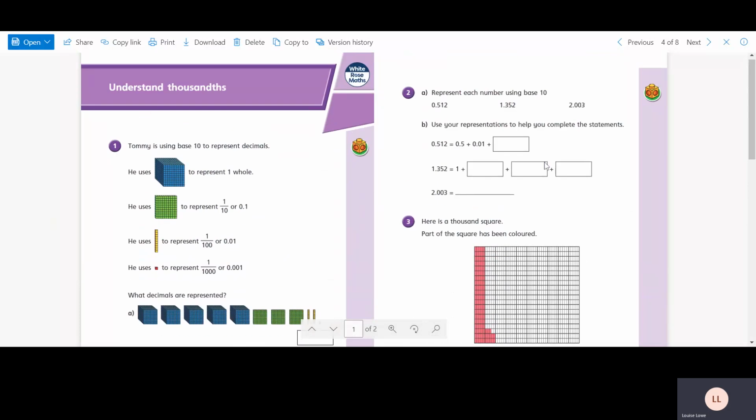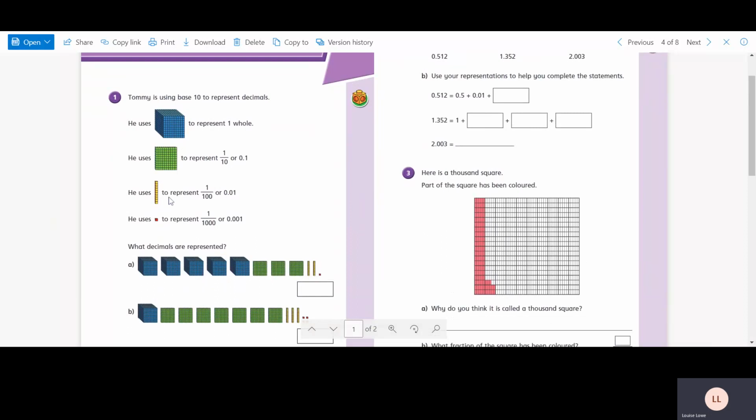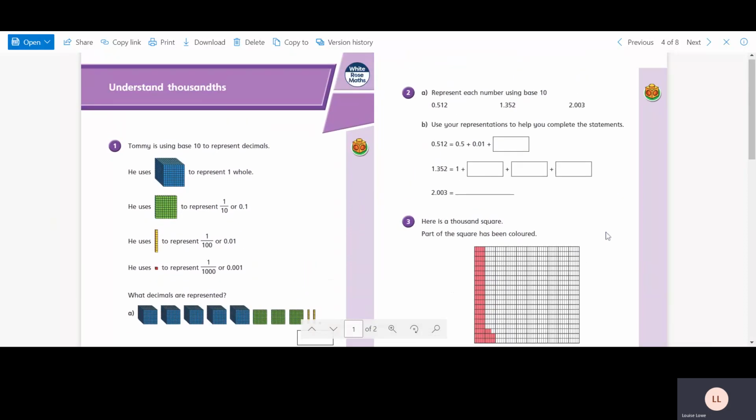Okay, question 2 up here, it's saying represent each of the numbers below using base 10. Please do not spend forever drawing each of the base 10 blocks. You could try and draw a 3D cube if you want to, or just represent them with colours.